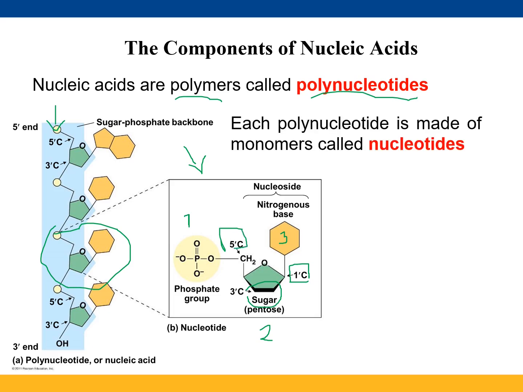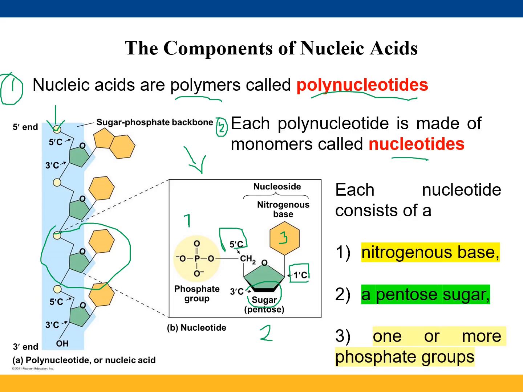So to summarize, as I said, the polymers of a nucleic acid are called polynucleotides, the monomers are called nucleotides, and each one consists of 3 main components: a nitrogenous base that I showed here, the pentose sugar that I showed here, and finally the phosphate group that is shown here.